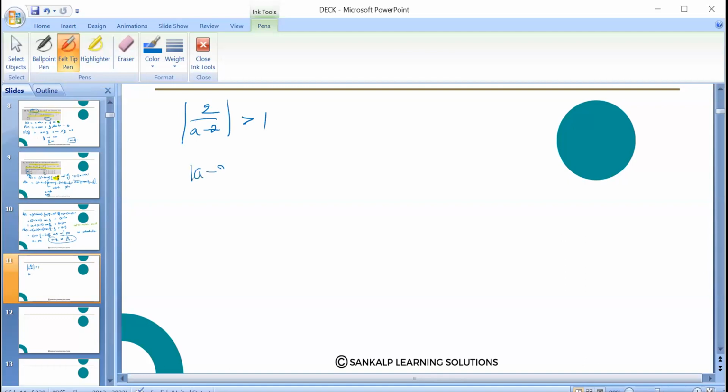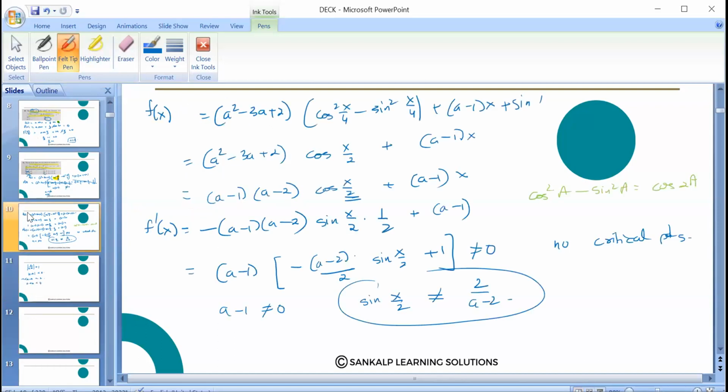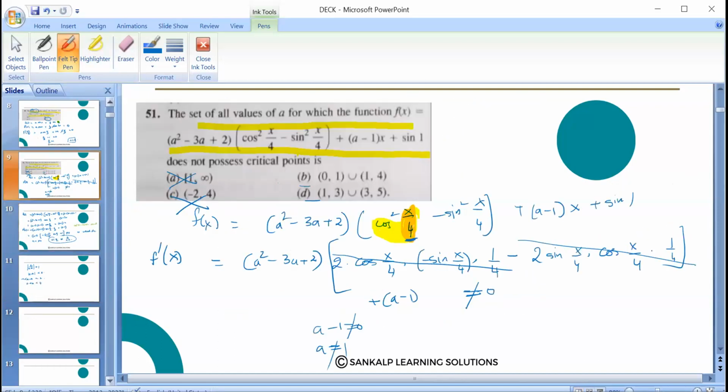Or mod of a minus 2 must be less than 2. Or a minus 2 must be between minus 2 and 2. Adding 2 everywhere, a should be between 0 and 4. So option B will be the correct option. Not 1 and between 0 and 4.